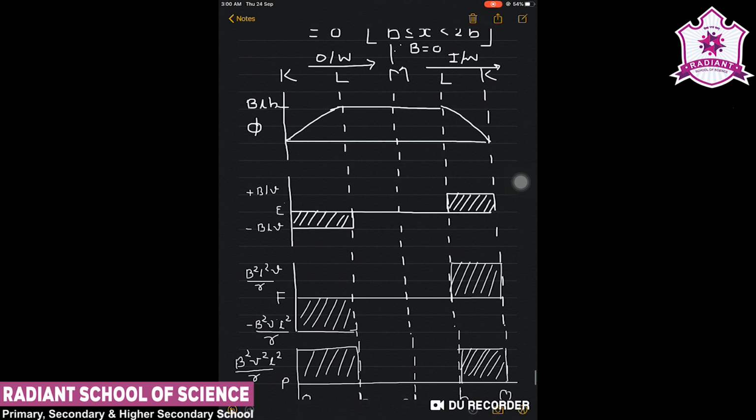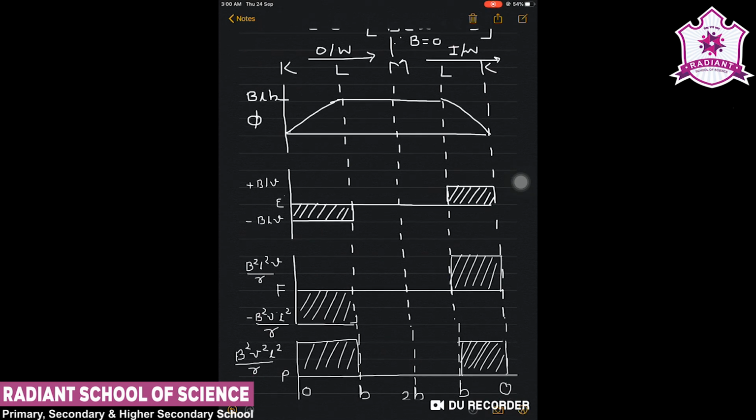And when we compare this with each quantity, first of all the flux is defined as BLb for the region 0 to b. Then it will remain constant because there is no magnetic field and therefore no change in the flux. From 2b to b, again it is the region where there is no magnetic field and therefore no change.